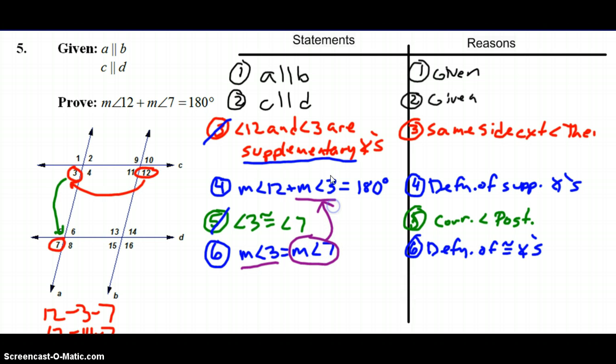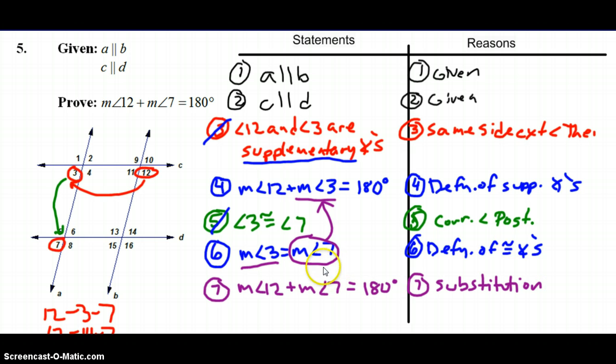So I can replace the measure of angle 3 with angle 7, and conclude that the measure of angle 12 plus the measure of angle 7 equals 180 degrees via substitution, because I'm putting one angle in place of the other, working with just two angles. You can see we've concluded what we're trying to prove.